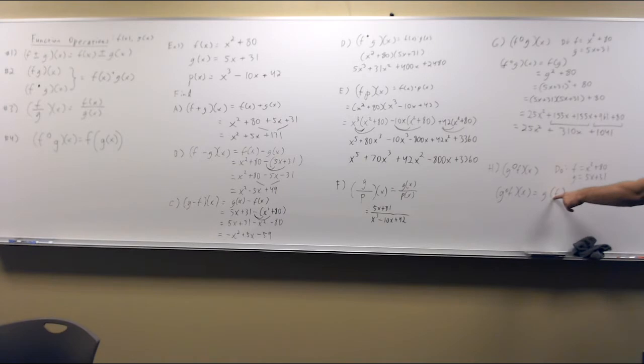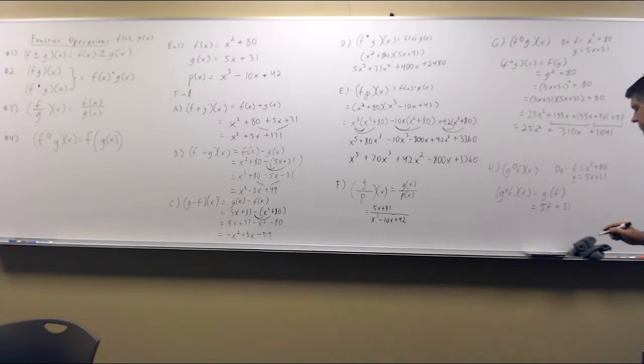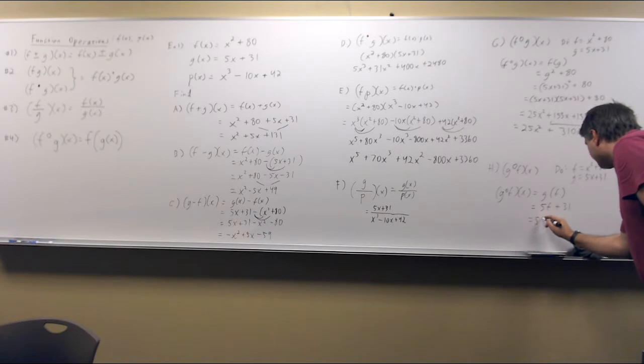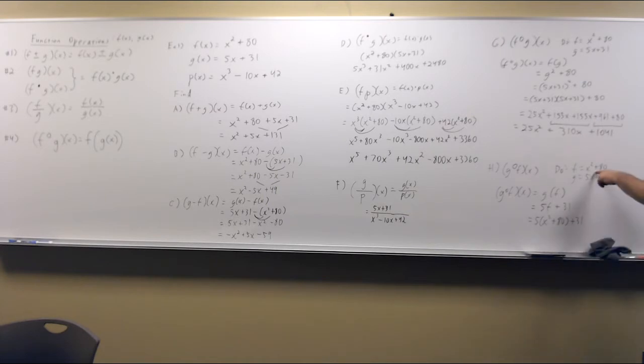Okay, so f will go into the function g. So that'd be 5f plus 31. Okay? Which would give me 5 times x squared plus 80 plus 31. Because that's what f equals.